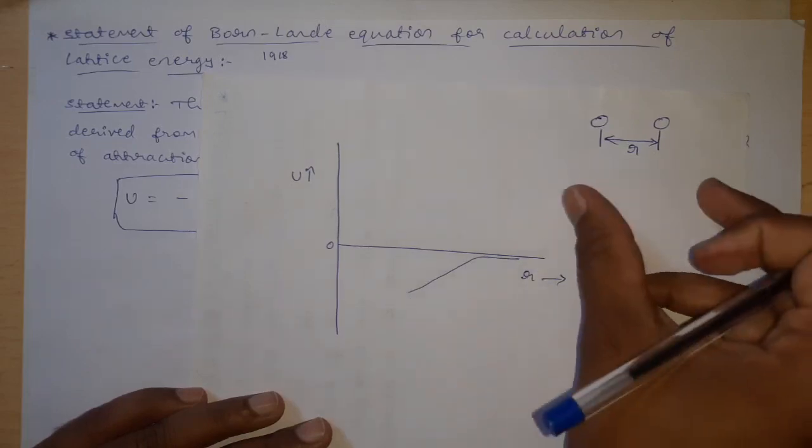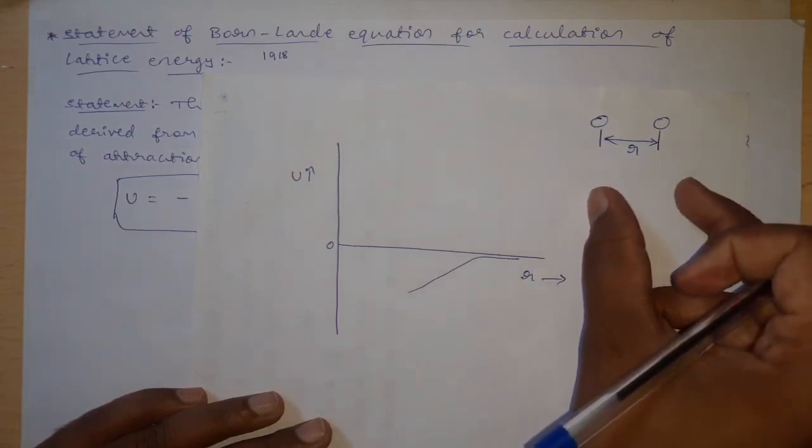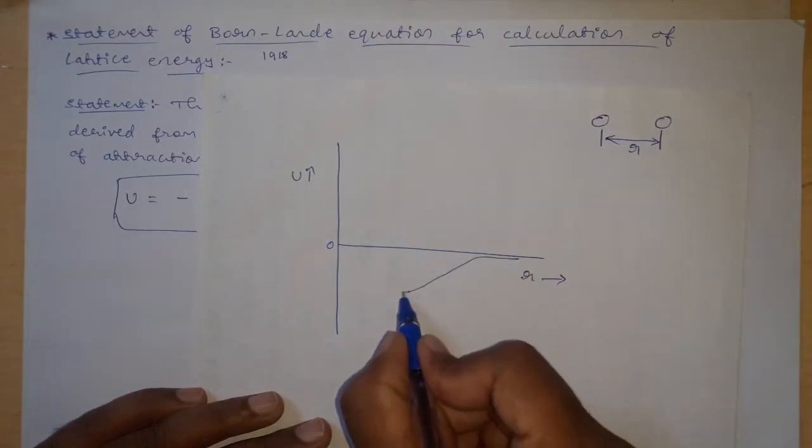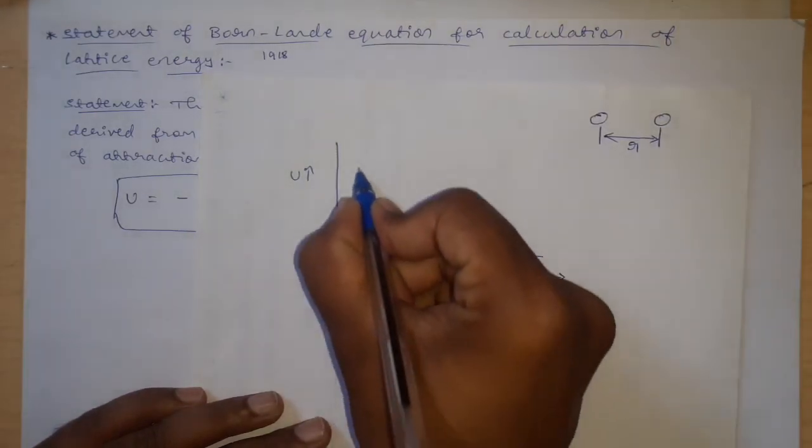Up to a certain level, when the two atoms come nearer, the potential energy suddenly goes on increasing.